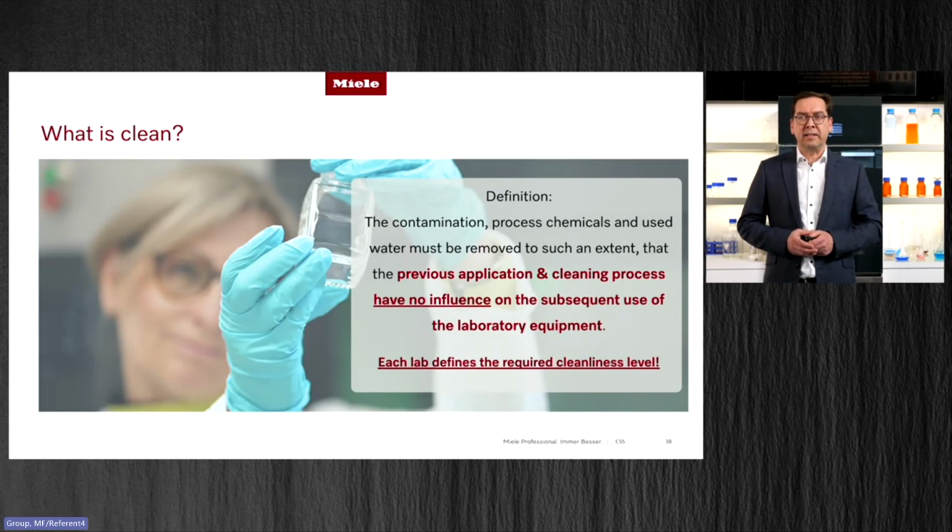And the important thing is that each lab assistant or lab manager defines their own acceptance criteria for a cleanliness level. So there's no statistic or no checklist you can follow. It's really depending on your quality management system and the application, what kind of cleanliness level you want to achieve.